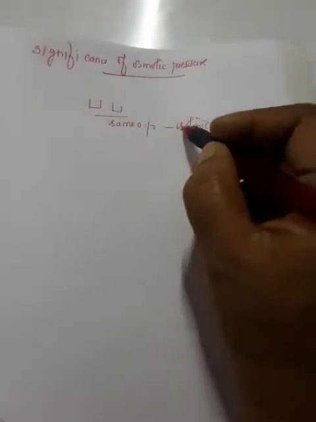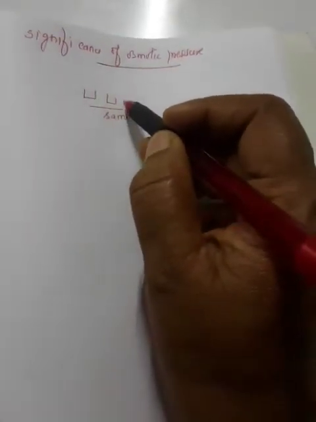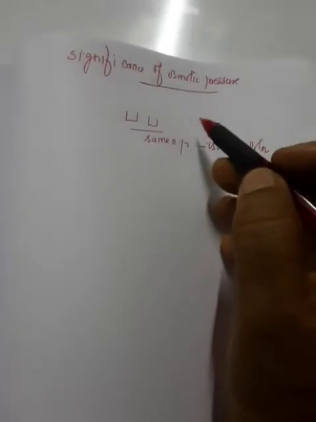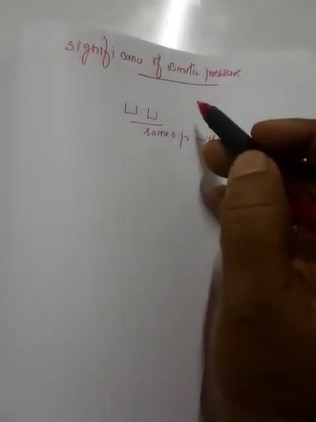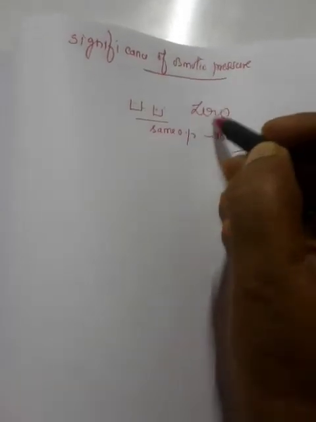When such solutions are separated by a semi-permeable membrane, the solvent flow from one to the other in either direction is the same. That is, the net flow of the solvent between the two isotonic solutions is zero.